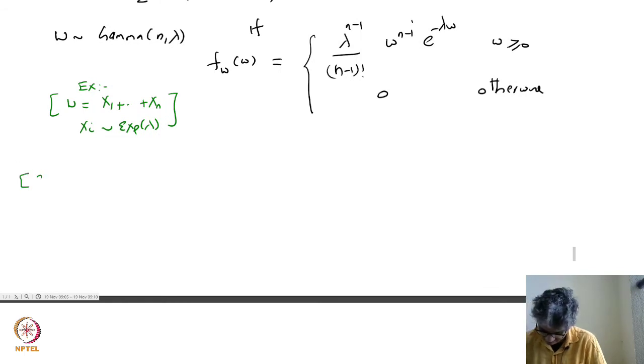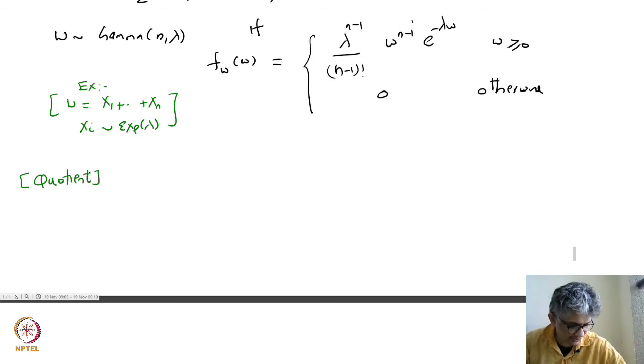So I said next was the quotient. Here I said that if Z is equal to X by Y, the density of Z is going to be given by not the convolution, but a slightly different formula. So let me just derive this.